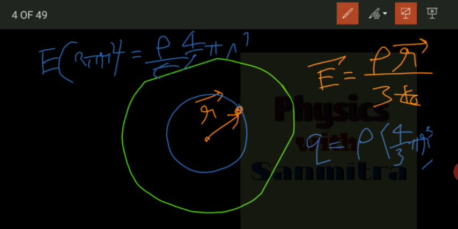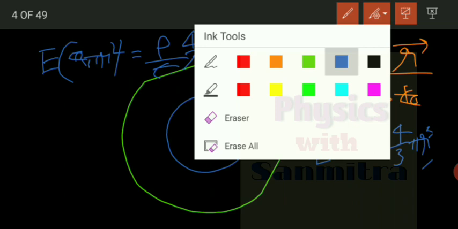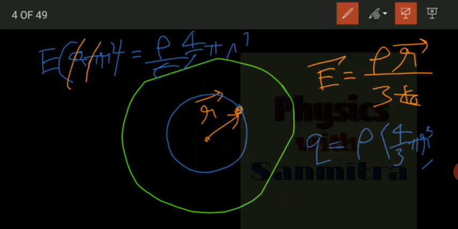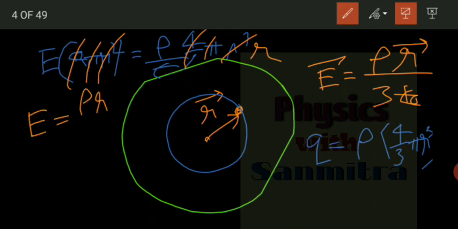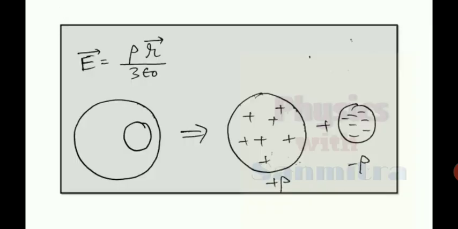If I cancel out the 4 pi and the 4 pi, and r square with r, I will be left with rho r by 3 epsilon naught. Exactly what I have done here: E is equal to rho r vector by 3 epsilon naught. I have written it in vector form.